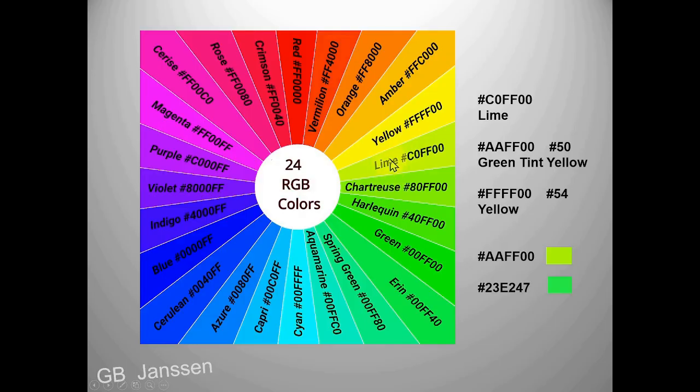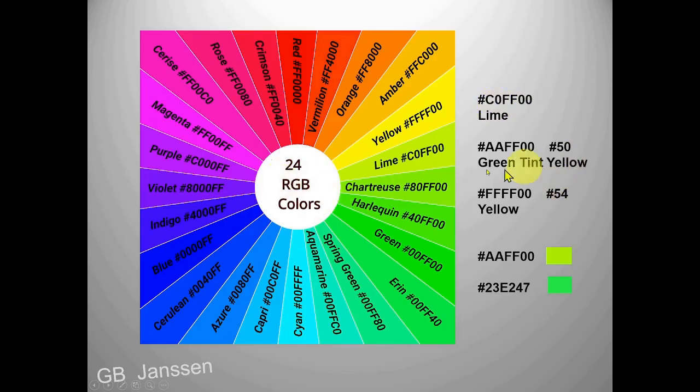So an example here: if you brought something in from the outside, or you designed something and you brought it in either through downloading or you built it, and you were using lime, which I just picked because it was right here close, which is C0FF00. And you'll find out on any chart or any selection for colors on any system, well, C0 doesn't match up with anything in our chart.